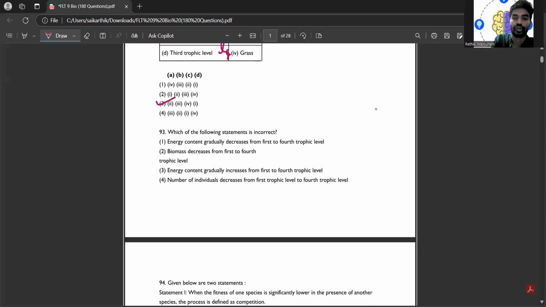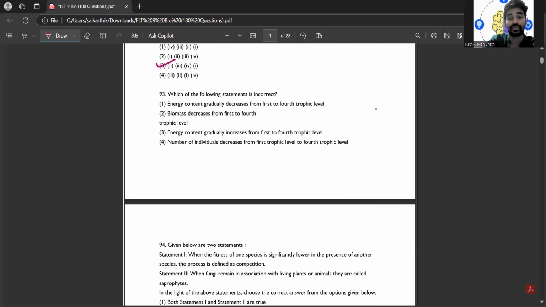So what would be the correct option? Third one. The 93rd question asks which of the following statements is incorrect. So I need to check which statement is incorrect here. First one, second one, third and fourth. The statement says energy content gradually increases from first to fourth trophic level. If the first trophic level is grass or plant, will the energy increase or decrease?